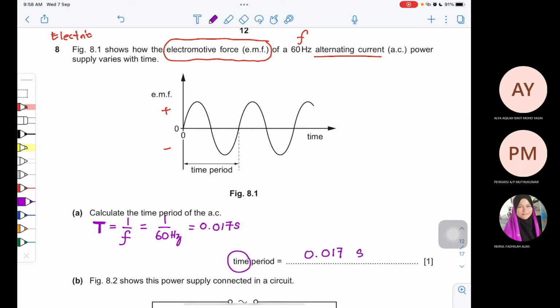It's time kan? Time hertz lah. Jadi you kena tahulah hertz ni 1 hertz dia sama dengan 1 per second. Jadi kalau 1/60 per second.